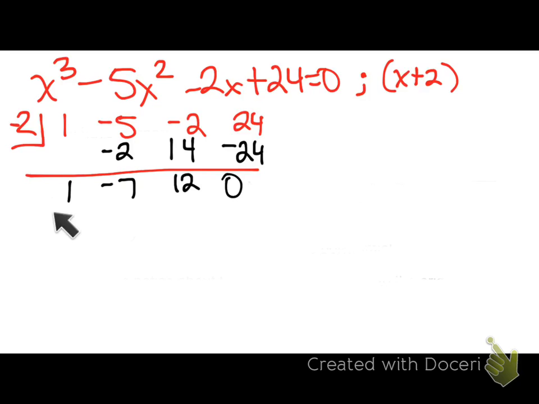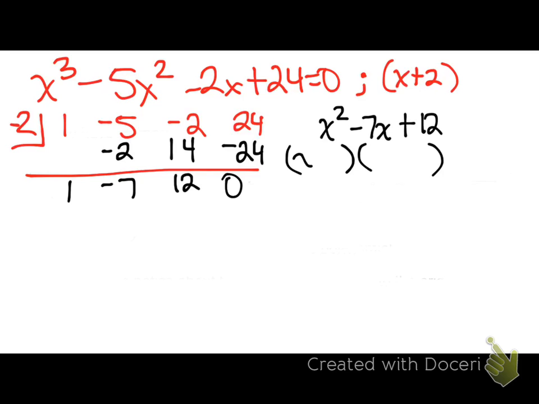I need to rewrite this using my variables again. My problem started with an x cubed. My answer starts with x squared. So this becomes 1x squared minus 7x plus 12. And we want to factor that. What goes in the front of my parentheses?